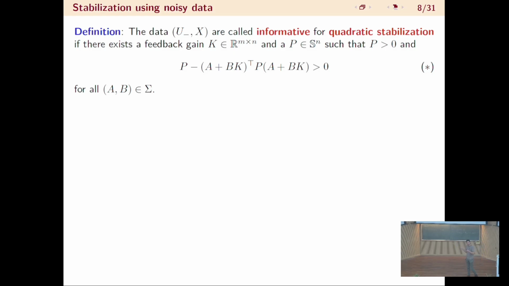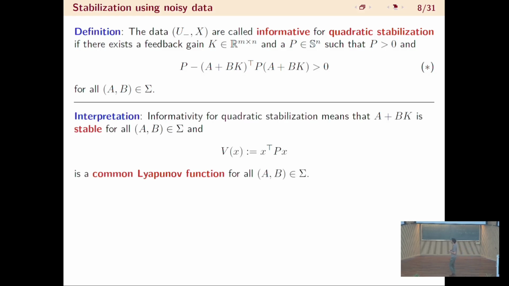So what does this mean? What is the interpretation of this definition? Well, if the data are informative for quadratic stabilization, that means that A plus BK is stable for all A, B in sigma. And the function that you see over here, x transpose P x, is a common quadratic Lyapunov function for all systems consistent with the data.